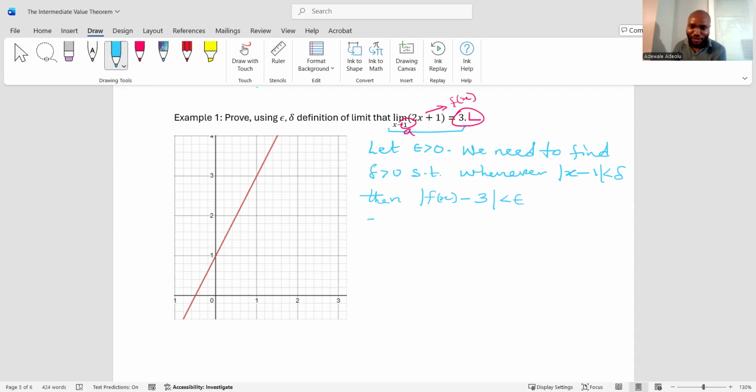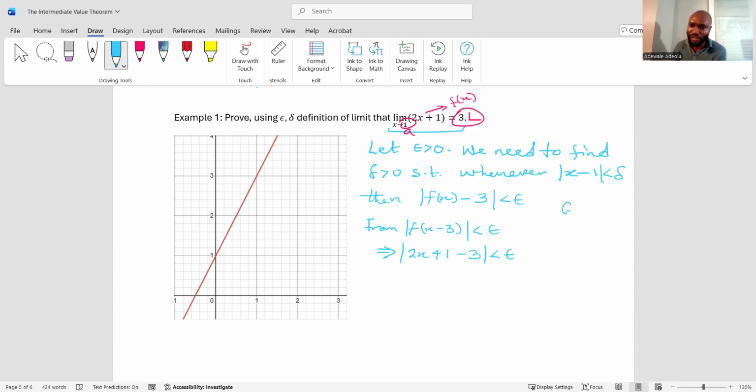So let us see if we can find that delta from |f(x) - 3| less than epsilon. That implies that our f of x is |2x + 1 - 3| less than epsilon.